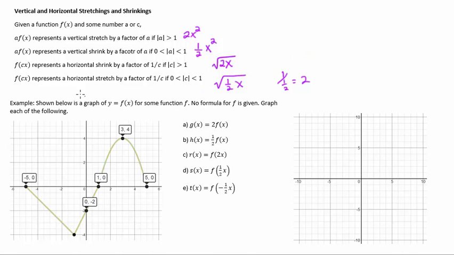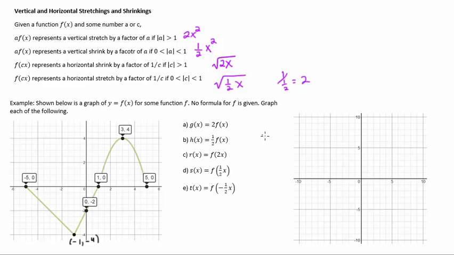Now the example we have here, we're given a graph that's just a whole bunch of things thrown together, and there are quite a few points labeled to help us, but let me label this point. I think that's the only particular point that didn't get labeled. We don't know what the formula for this function is.